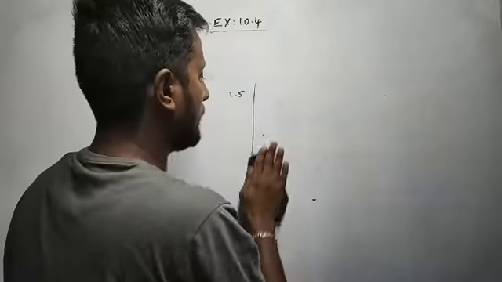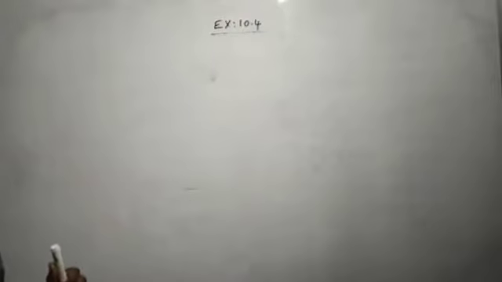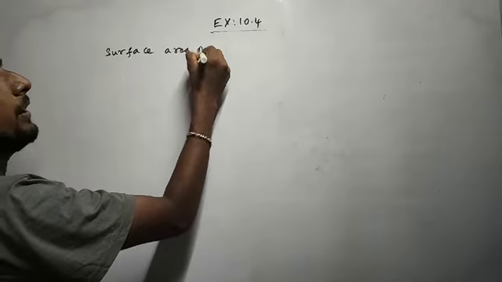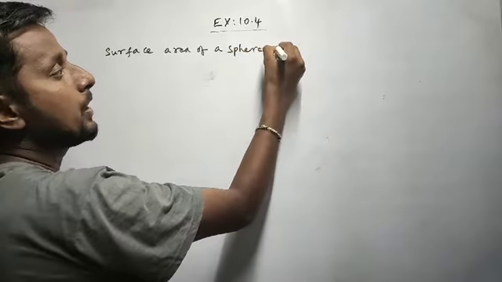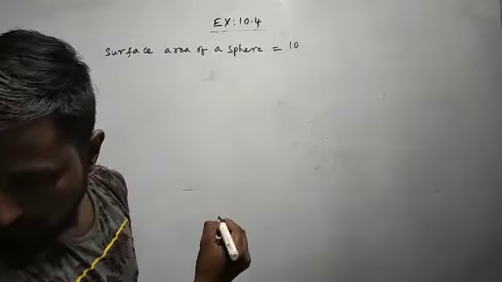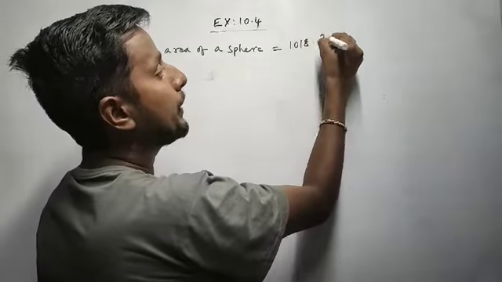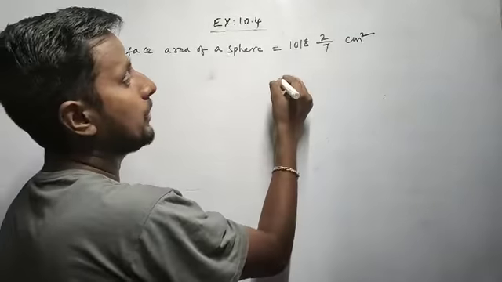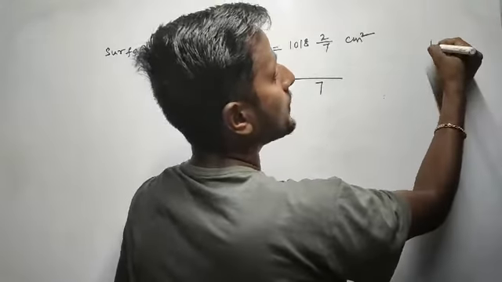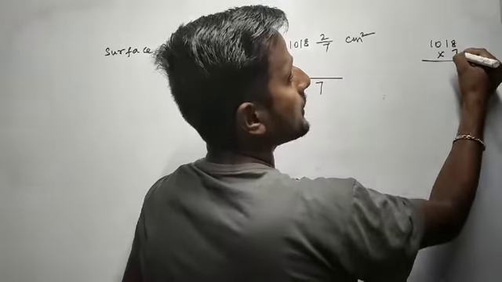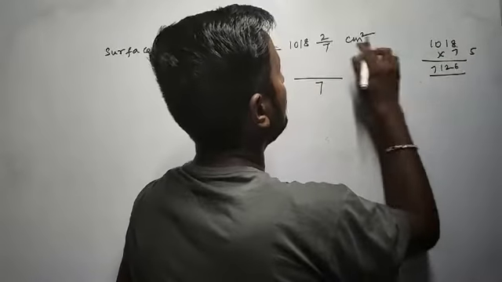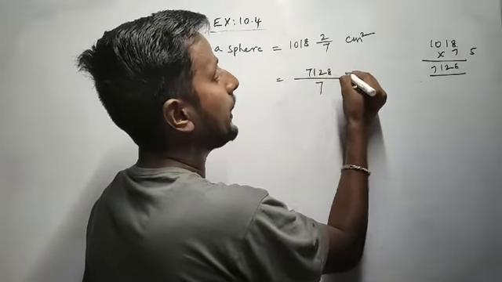The surface area of a sphere is equal to 1018 into 2 by 7 square centimeter, right? So we write it by 7, as it is, 1018 into 7. 7 eights are 56, 5 carry, 7 ones are 7 plus 5 is 12, 7 plus 2. We write 7128 centimeter square.